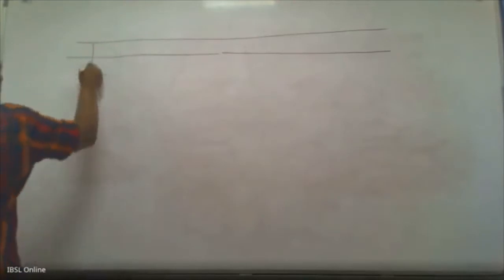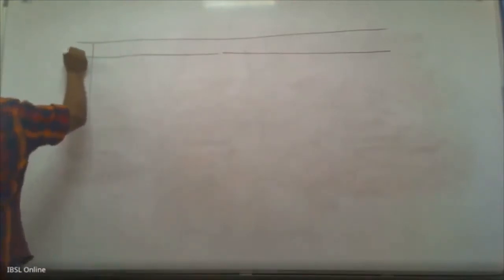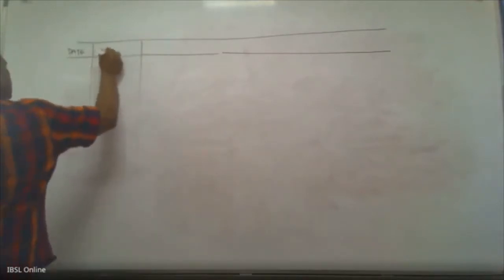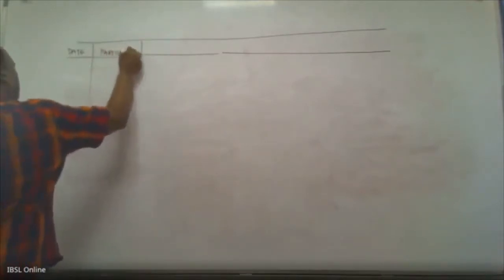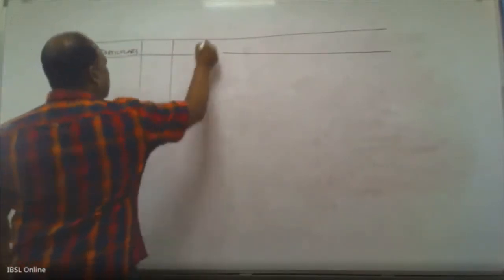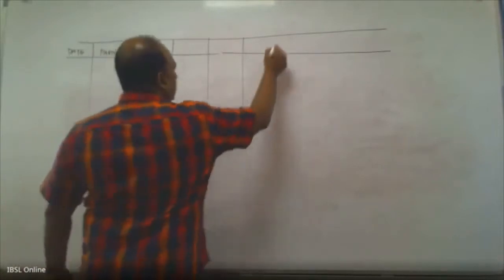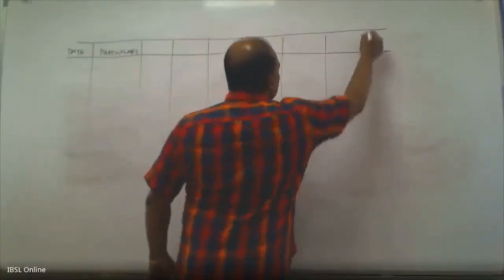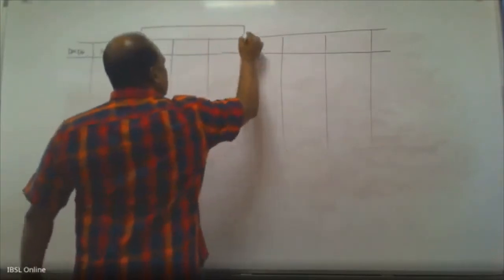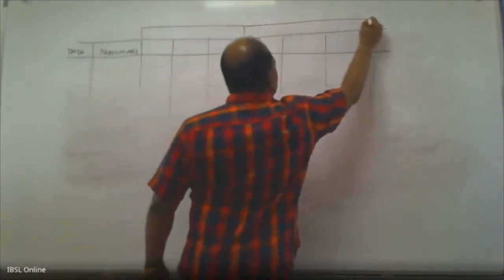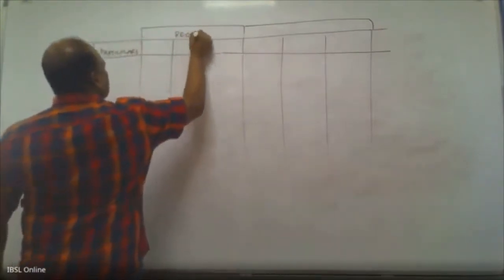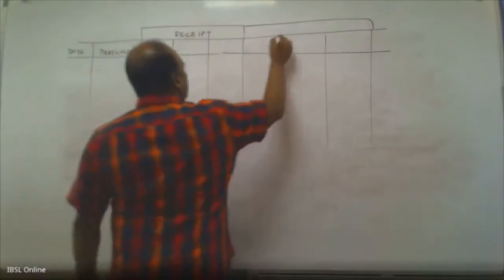Okay. So you have date, particulars, but here what we will do is we will repeat those columns. This will be your receipts and this will be your issue.